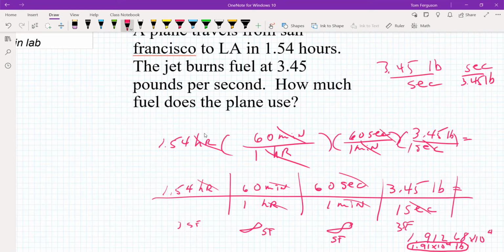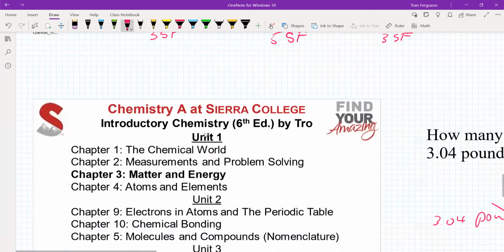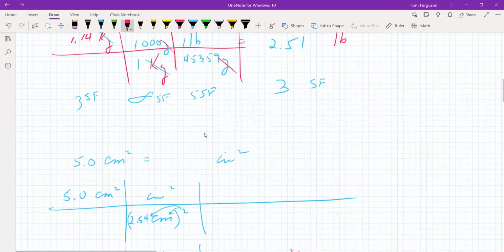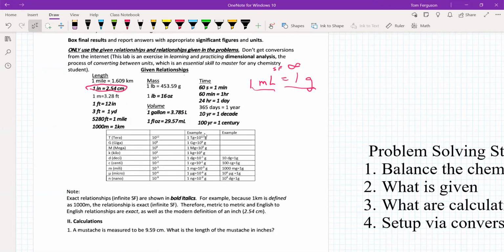So if we go back to all of these, the boldface are infinite. So 24 hours in a day, even though it's not exactly 24 hours in a day if you go by the strict measure, because the Earth doesn't go exactly at 24, it's off a little bit, but they always say 24. Okay, and if I tell you it's exactly 24, then it's infinite.